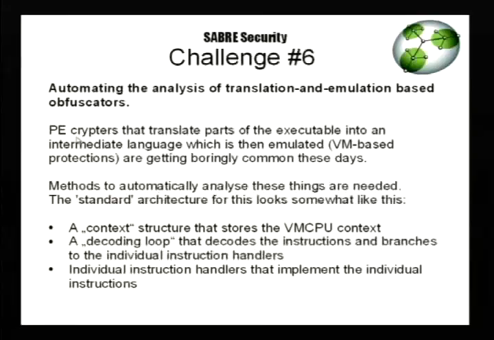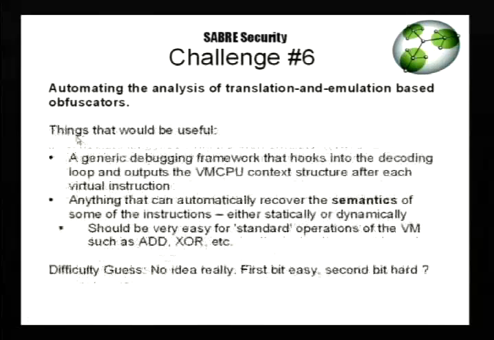So a trivial and easy thing to do would be to generate a generic debugging framework that, each time you see a VM-based protection, just hooks into this decoding loop, and that lets you see the changes to the virtual CPU context on every iteration. That's basically just one breakpoint at the right spot in the loop and knowledge of the data layout of the context.